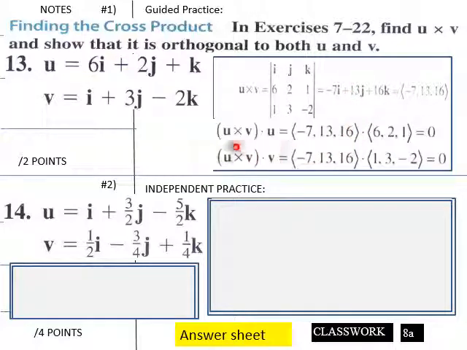Then we take u times v dotted with u, which is 6, 2, 1, and we get 0. And then we do it again with v, and we get 0 there as well. So that proves that u times v is orthogonal to both u and v.